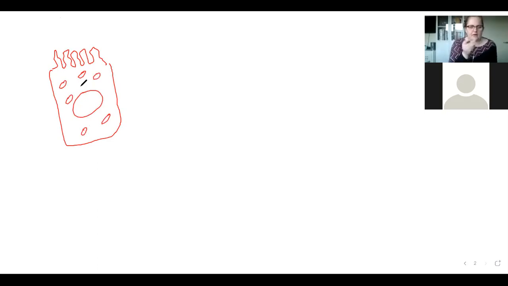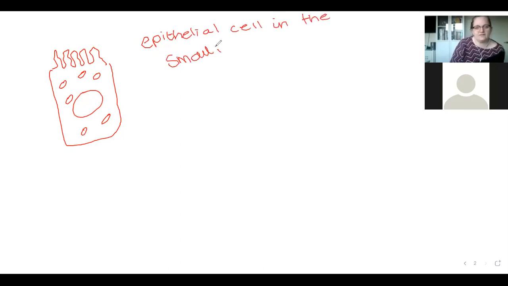There we go. So this is our epithelial cell in the small intestine. And you could get asked, epithelial cells in the small intestine are specialized to absorb food efficiently.